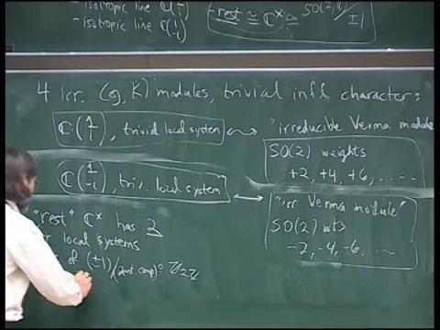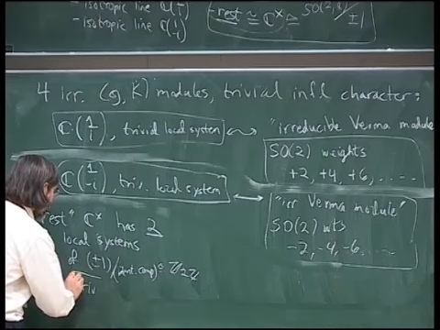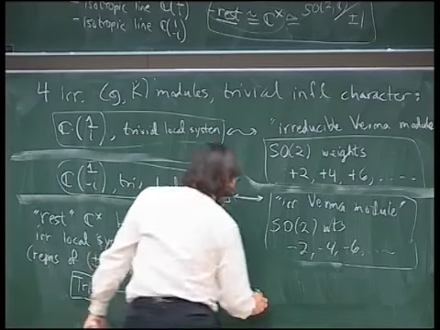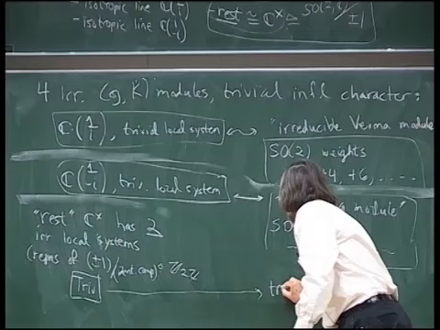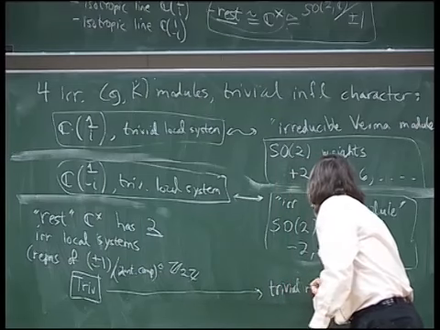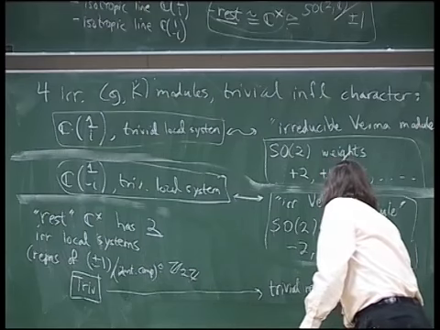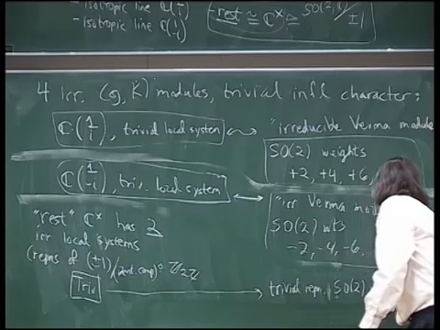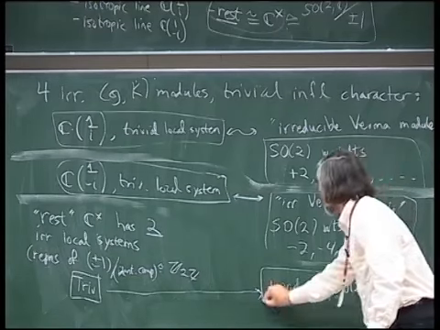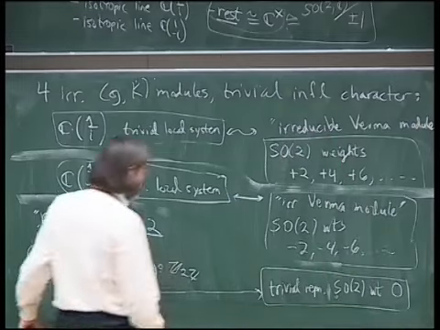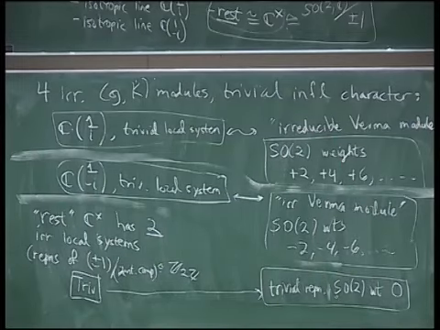And if we put the trivial local system, then the representation we get is the trivial representation with SO2 weight 0. I haven't described this representation, but you can work it out as an exercise.